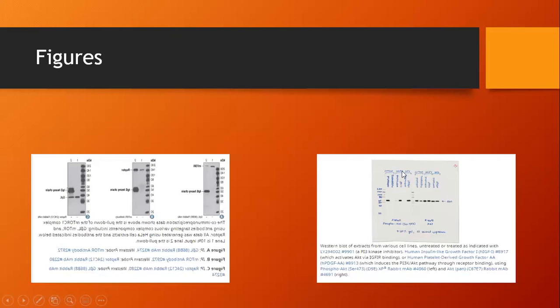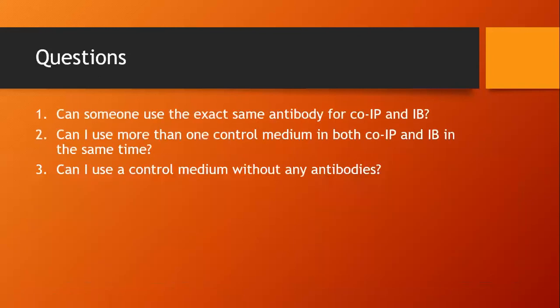Finally, let's talk about the questions that I had. First, can someone use the exact same antibody for co-immunoprecipitation and IB, which is immunoblotting? The second question that I came up with as I was reading is, can I use more than one control medium in both co-immunoprecipitation and immunoblotting at the same time?